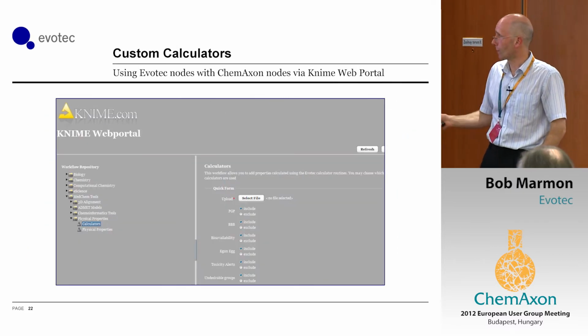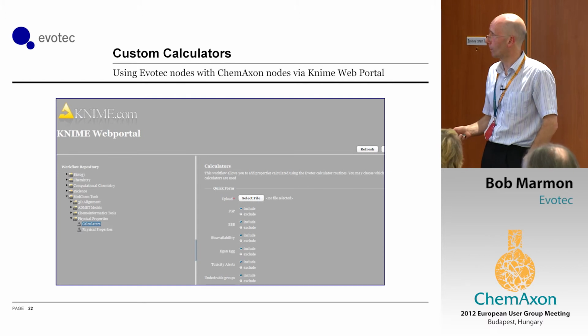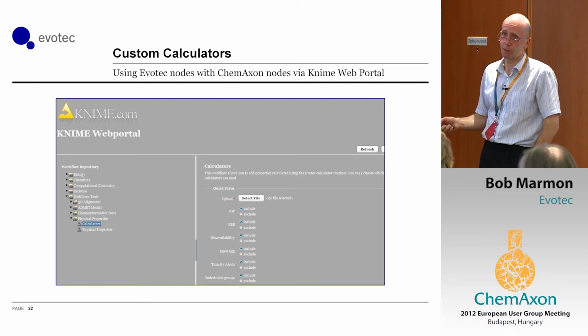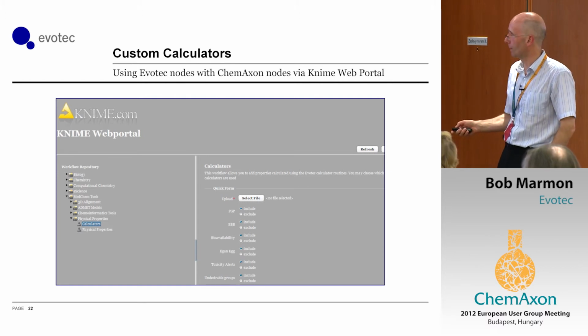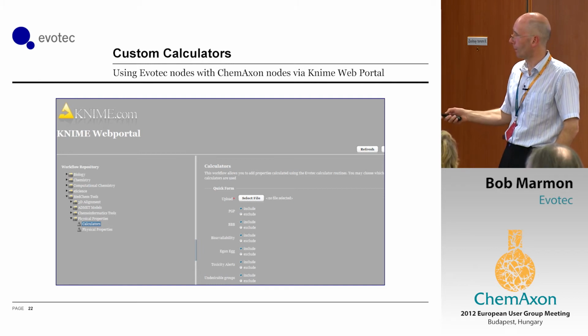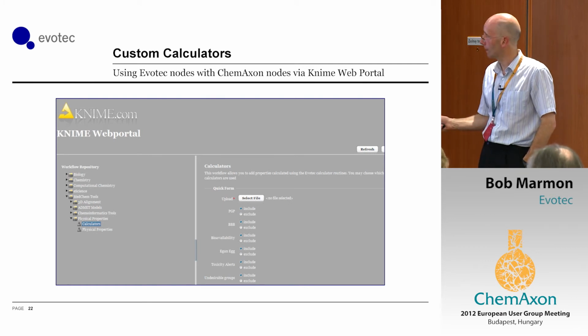And these can also be used in the KNIME web portal. So for chemists that don't want to use KNIME for some reason, we can build them workflows, and then all they've got to do is load their results in there, decide which of the calculators they'd like to use, run them, and then download the results.